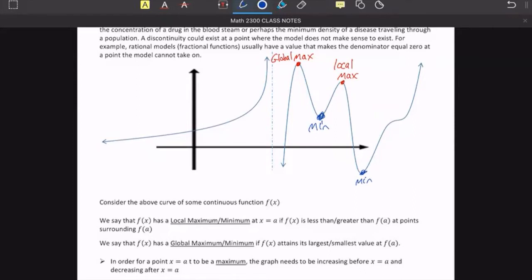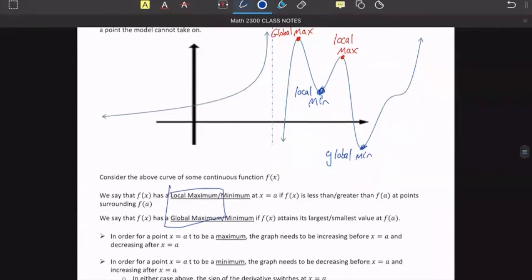And so the one on the left is a local min, where the one on the right is a global min. So again, the idea between which is the biggest one compared to just the top of a peak, and which is the smallest one compared to the smallest overall. We feel okay about the difference between local and global max and mins? Yes.